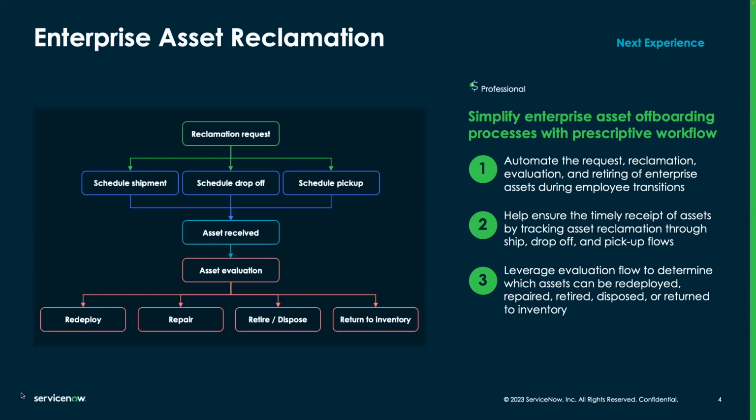The second piece I'm going to cover today is enterprise asset reclamation as an enhancement on the Utah release. ServiceNow's enterprise asset management offers prescriptive workflows with standard practice tasks for the enterprise asset reclamation process. So this could apply during employee transitions, and our customers must ensure that the hardware and enterprise assets are properly offboarded to ultimately maximize the value of these enterprise assets and continue to use what still works and repair or dispose of what assets do not work.